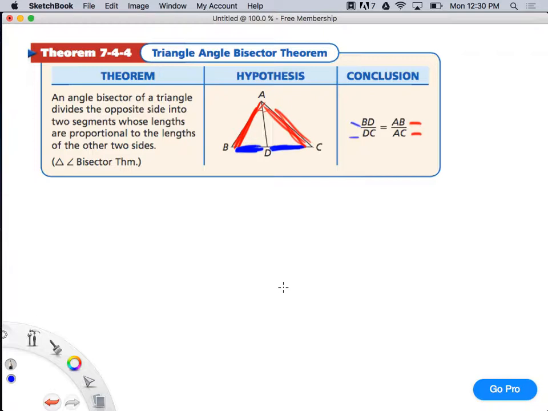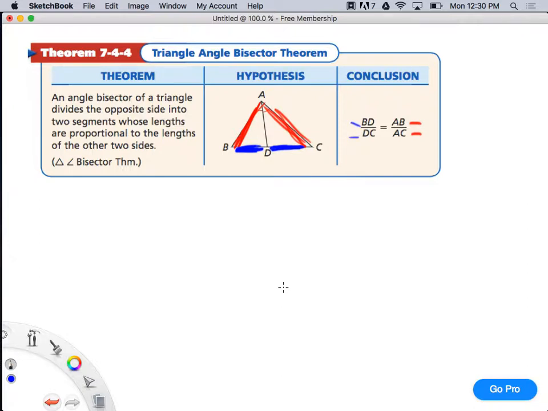The left over the right is equal to the left over the right. If this was top or bottom, it doesn't matter. You just have to be on the same side of the angle bisector. It's dividing this line into two line segments.